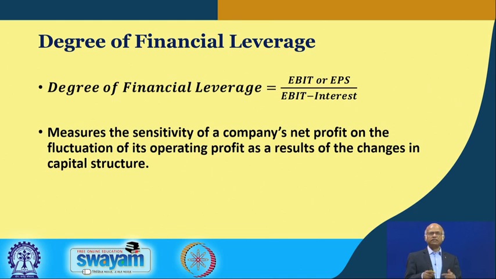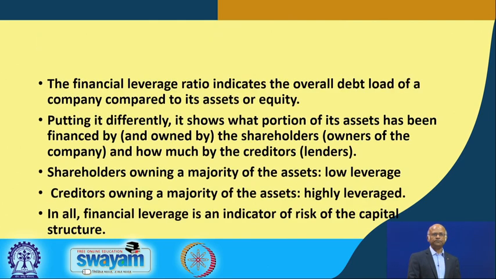It measures the sensitivity of a company's net profit to fluctuation of operating profit as a result of changes in capital structure, meaning if the loan component goes high, your interest will be high, so your net profit will be low. Whereas, if your capital structure is such that you have a low debt equity ratio, for an increase in sales, your profit will be more substantial compared to a high debt equity ratio.